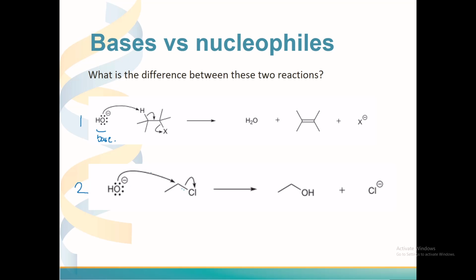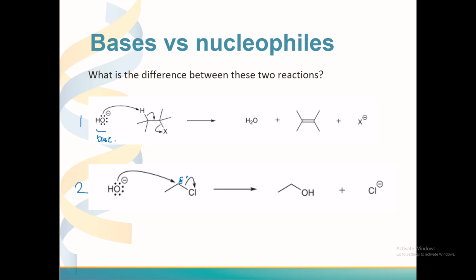Thus, this will attack the carbon, which now becomes positive. So this is attacking this. This carbon has 10 electrons, which means there should be a simultaneous electron moving to the chlorine. Now this carbon becomes positive, thus it is being attacked by the nucleophile.